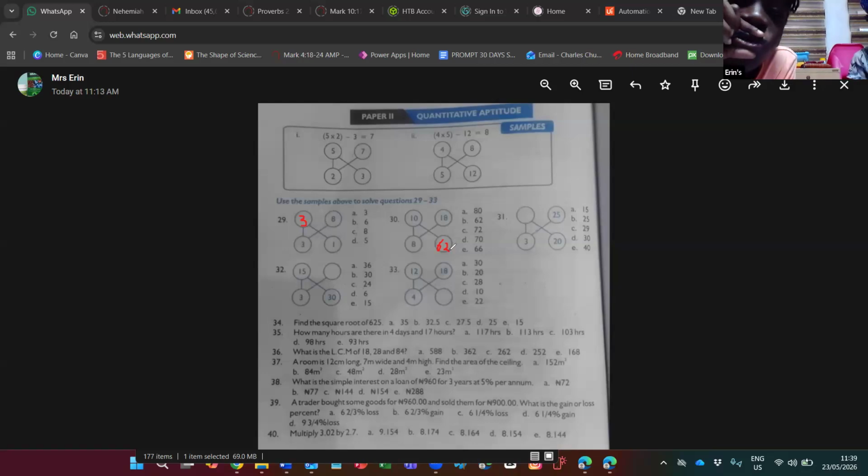Explain how you get it. So 25 plus 20, that's 45. 45 divided by 3 is 15.